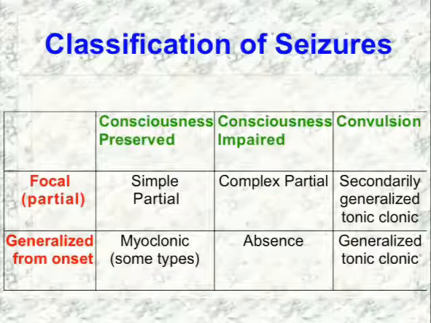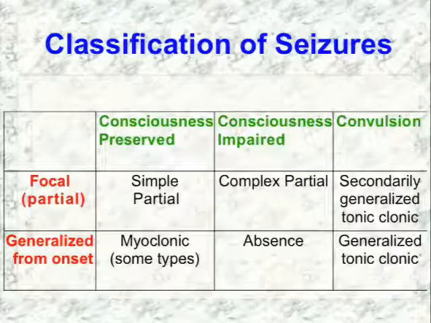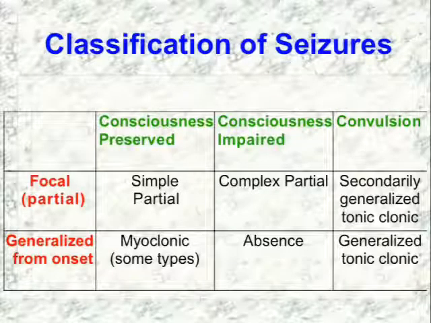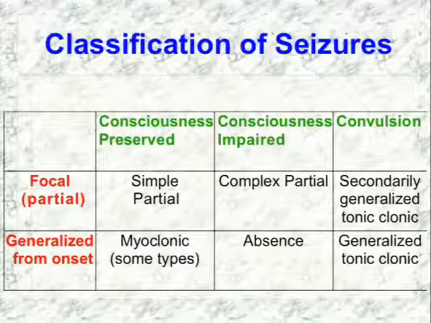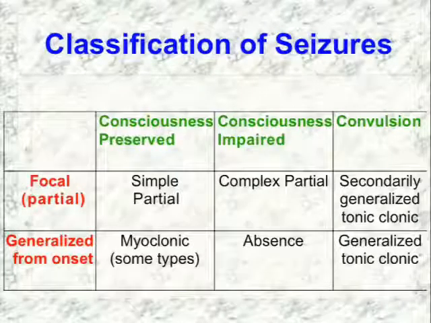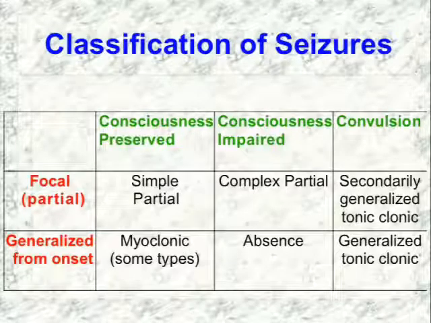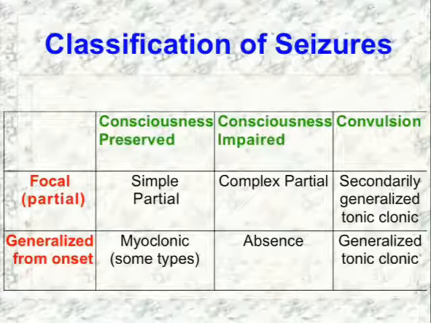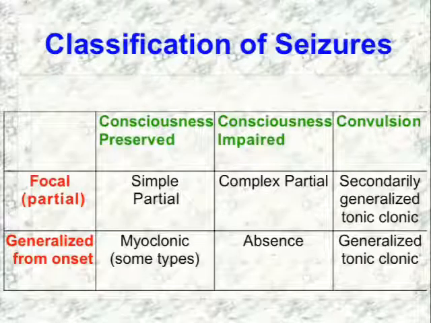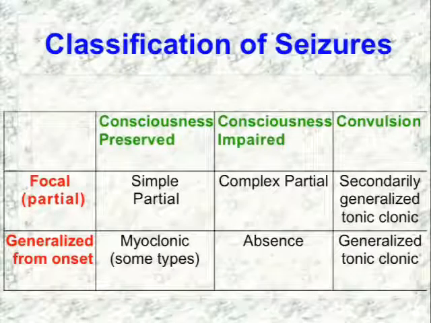But as I said, this is confusing. It's hard to do this just with a diagram or a few words. So there's a handout just on this topic that goes in detail through the different seizure types, and then actually there's links to YouTube videos. So the issue of patient confidentiality is easy now because people post their seizures on YouTube. And so you can click on the links and see examples of these typical seizure types.